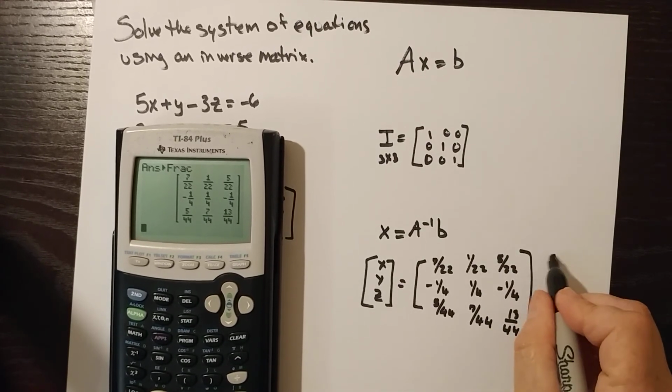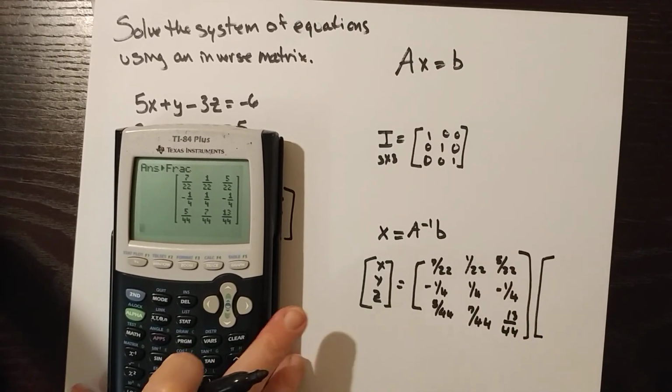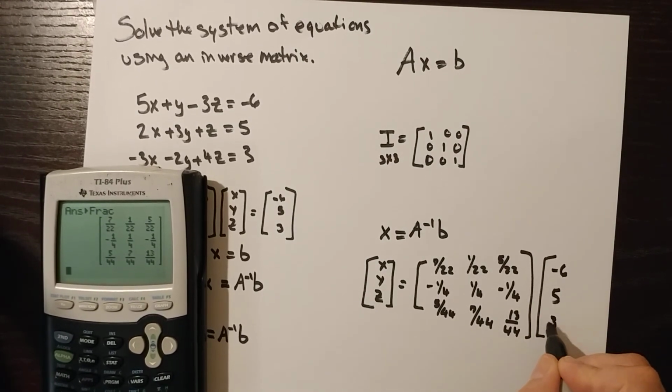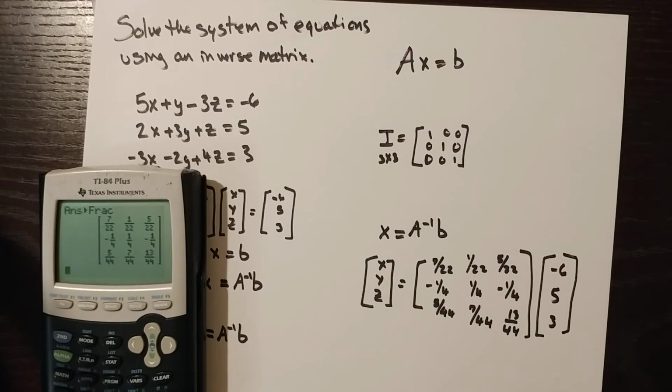This is A inverse, and B, of course, is the solutions matrix, which is negative 6, 5, 3. You can multiply this by hand, but I'm going to let you do it with your calculator.